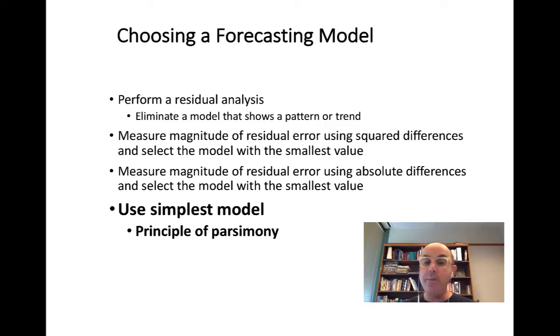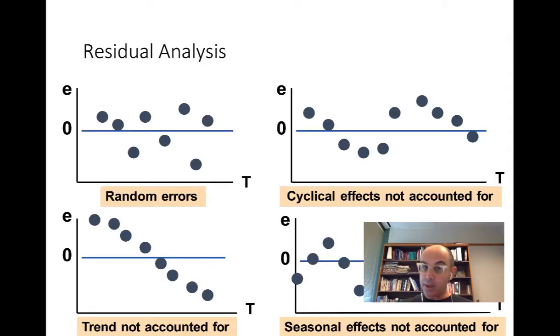And we need to measure the magnitude of the error using the absolute difference and select the model with the smallest value. My recommendation is use the simple model. I wrote down the principle of parsimony. I will talk about that in 2 seconds, but again, use a simple model that you are able to have more control of, it is usually the best resolution.